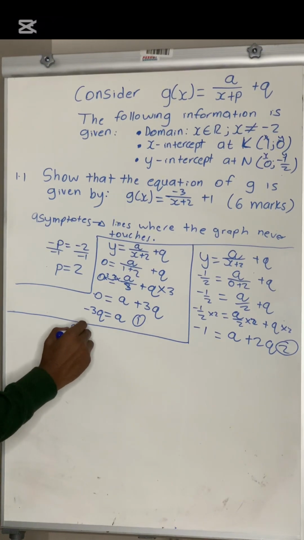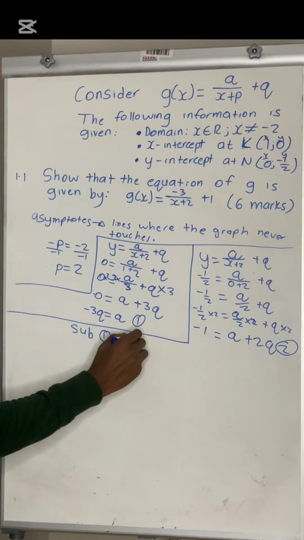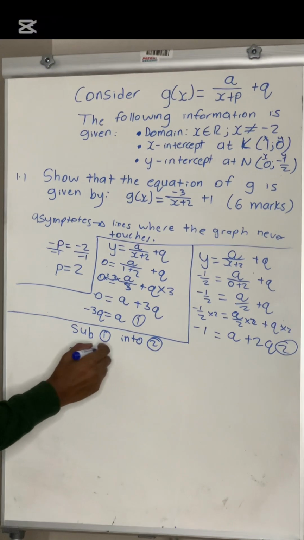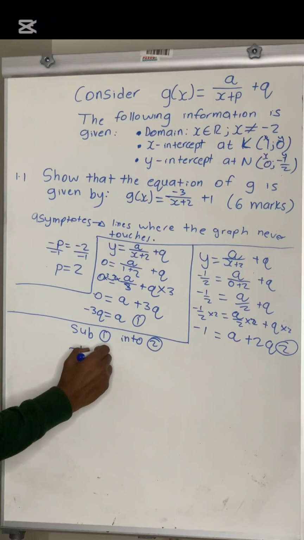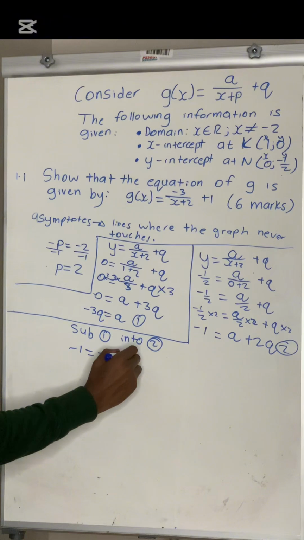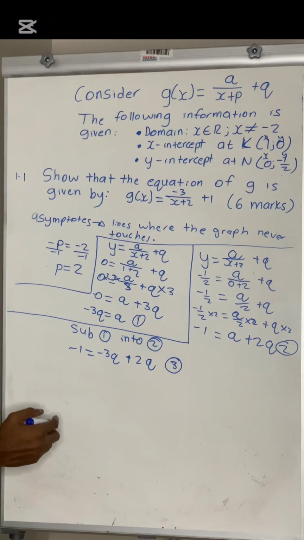So we're going to substitute equation 1 into equation 2. So negative 1 is equal to, there's an a over here, which is then negative 3q from here, and then plus 2q. So this is the third equation.